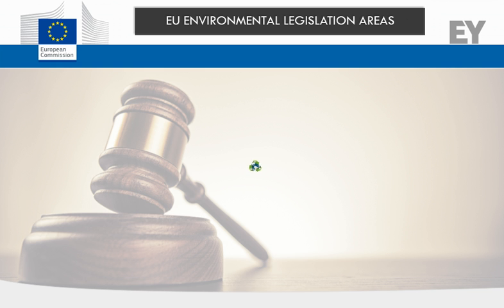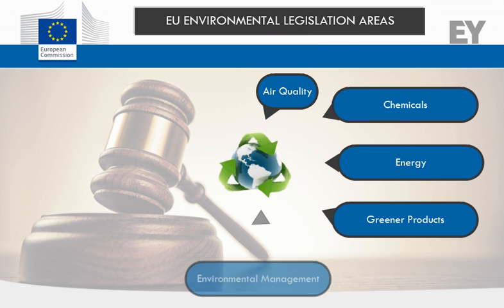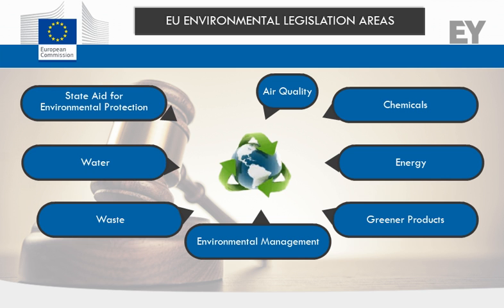With regard to the EU legislation, there are some relevant areas for SMEs to be taken into account, such as air quality, chemicals, energy, greener products, environmental management, waste, water, state aid for environmental protection, and soil.